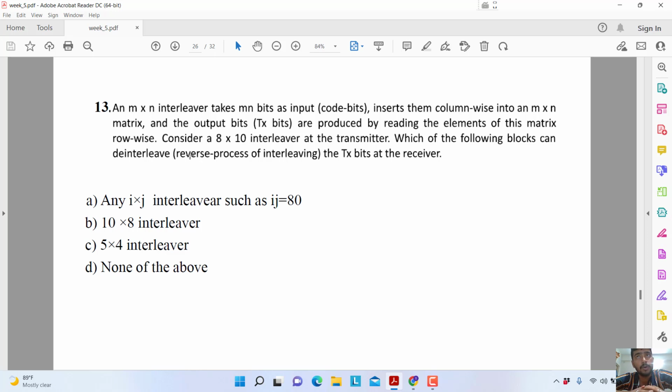Which of the following blocks can de-interleave the transmitted bits at the receiver? We are talking about a de-interleaver. The interleaver is used at the transmitter end, and the size is 8 cross 10.